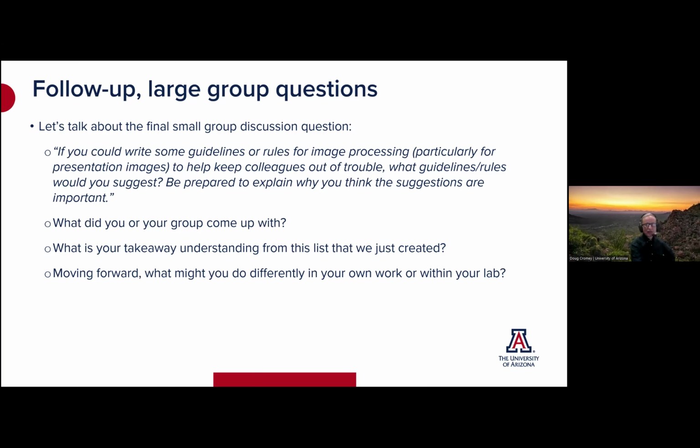What are some obvious things that, if you knew they happened to an image that you saw in a publication, you would go, oh, that's wrong? Because you know that somebody in your lab might not know that.